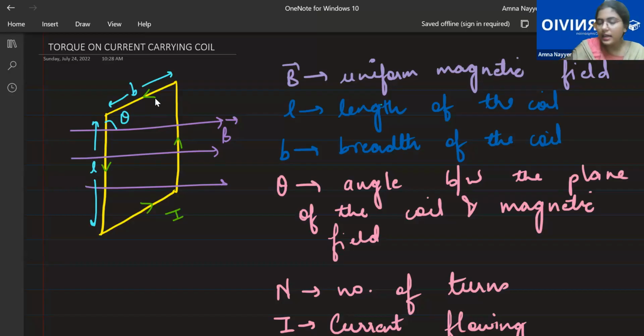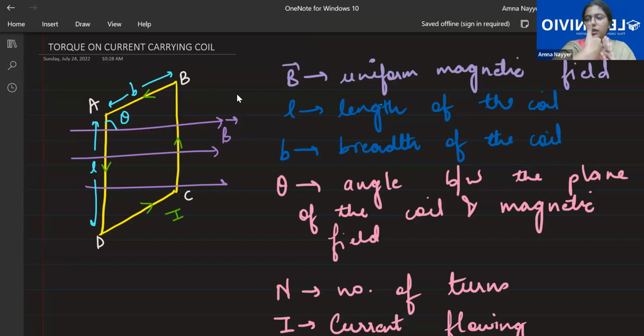I'll mark the points A, B, C, D. Focus on A to B, class. In A to B, where is the current flowing? From B to A, outwards. So I've put my hand outwards. The magnetic field is towards the right. If I put my hand like this, I won't be able to curl it towards the right, so I have to put my hand like this.